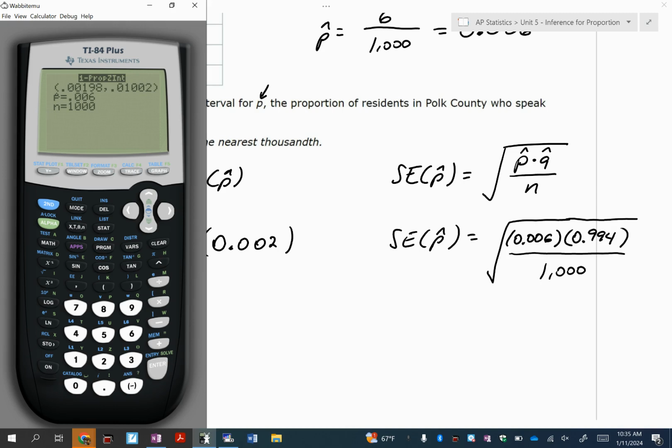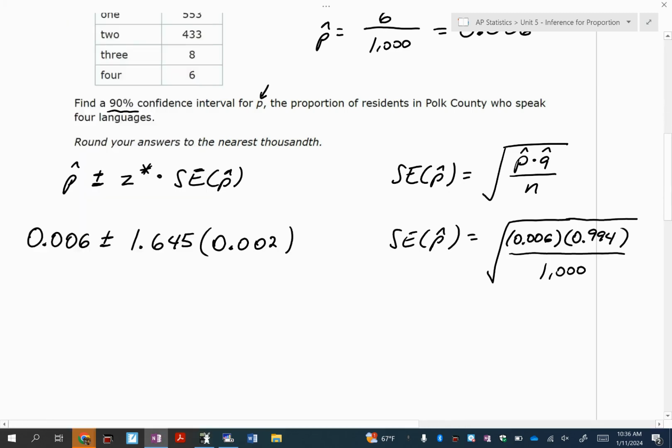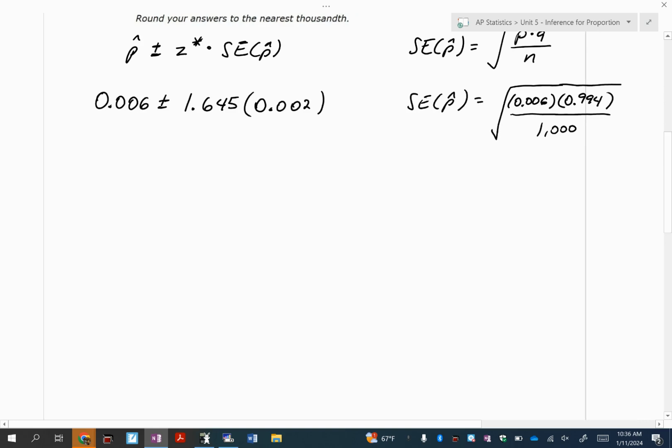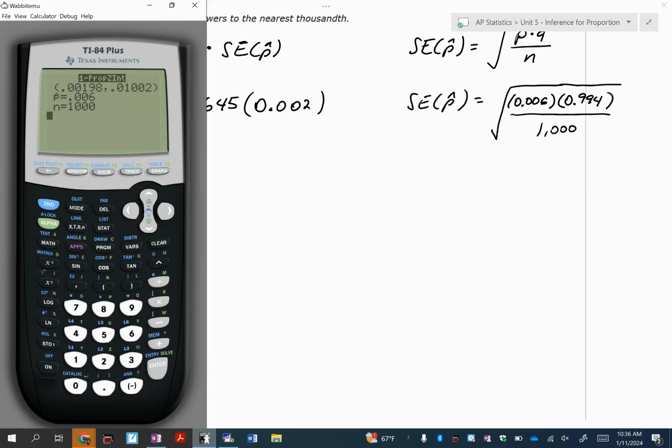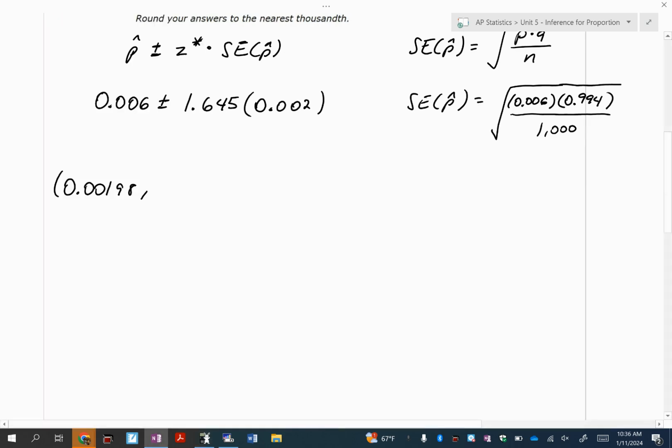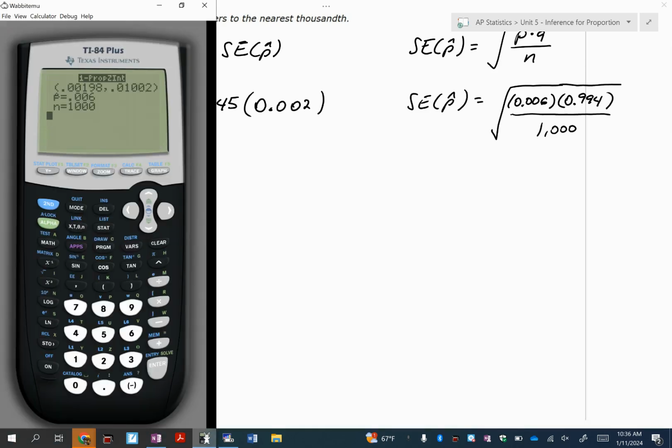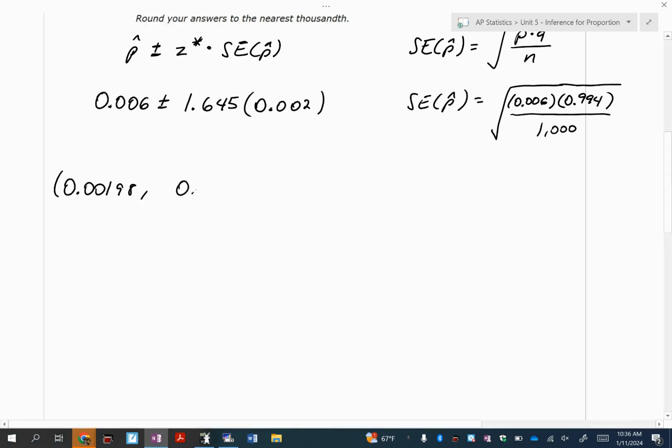And that's all you have to do because this is the interval, right? It's there. The reason I wanted to show you this is because I'm going to write it down, 0.00198. Is my low number. Leave a little space here. My upper number on my interval is 0.01002.